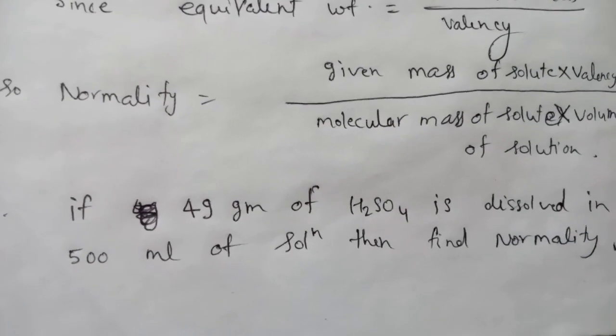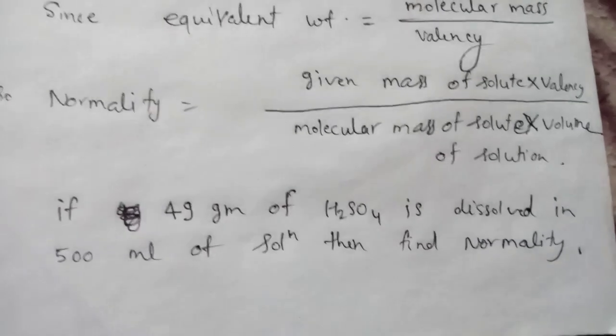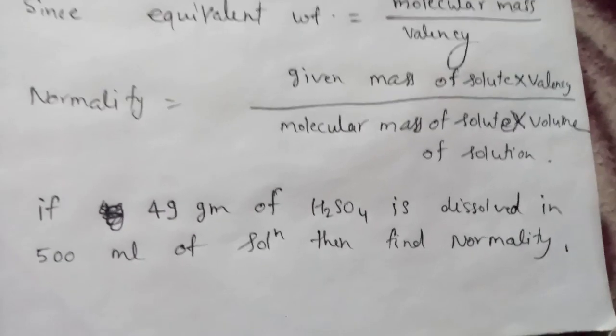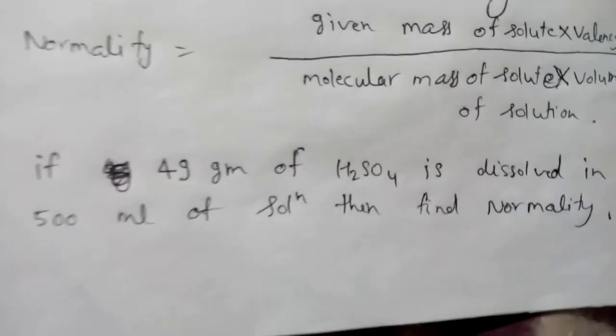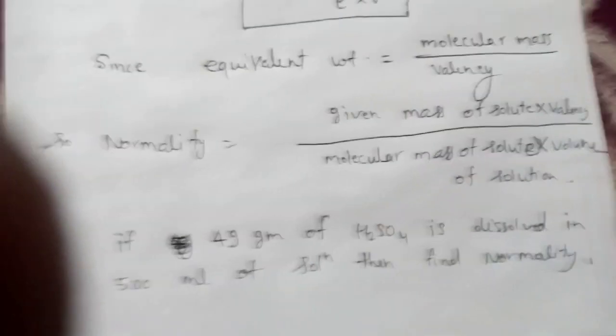For example, if 49 gram of H2SO4 is dissolved in 500 ml of solution, then find the normality. Now we will solve it.